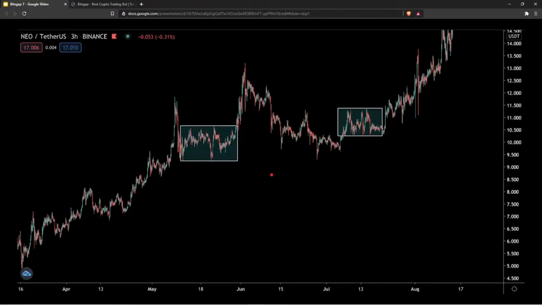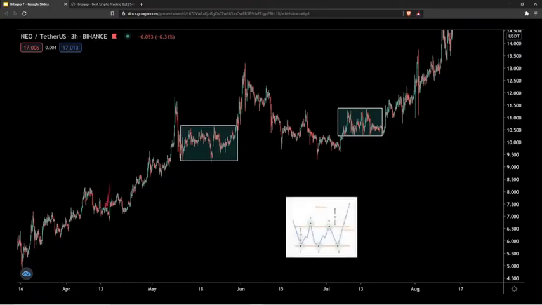The second rule is not just to spot patterns on the market like the one I demonstrated 3 minutes ago, but it is also crucial to identify the trend.